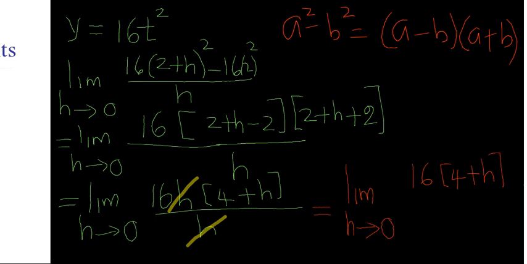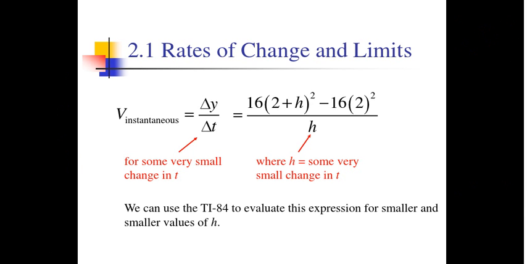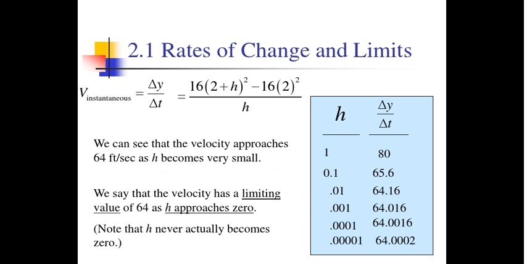Okay, that's the instantaneous velocity. So we have the formula here, delta t, 16, that's exactly the one I worked out there. Or you can use a TI-84, 83, whichever, you can do the same thing, and you get the same result, and here you're doing some approximation.